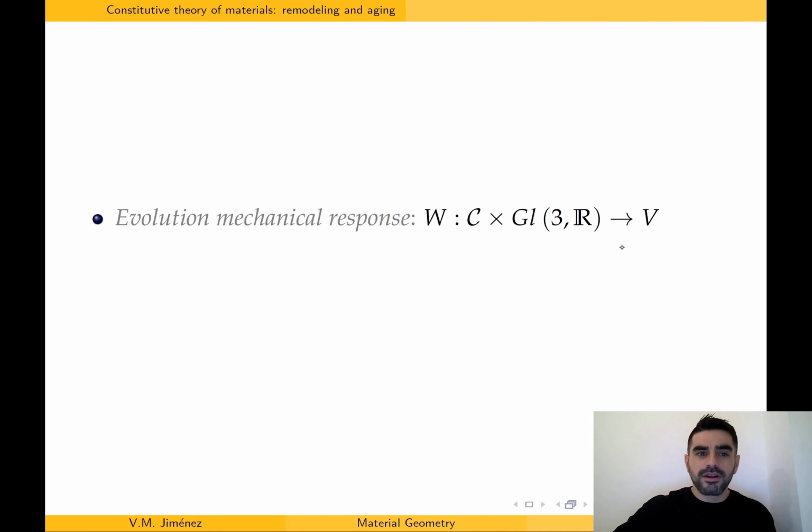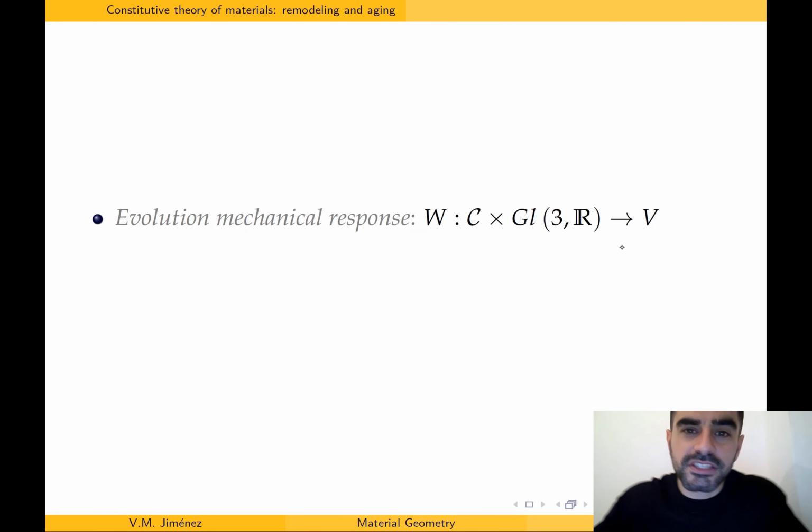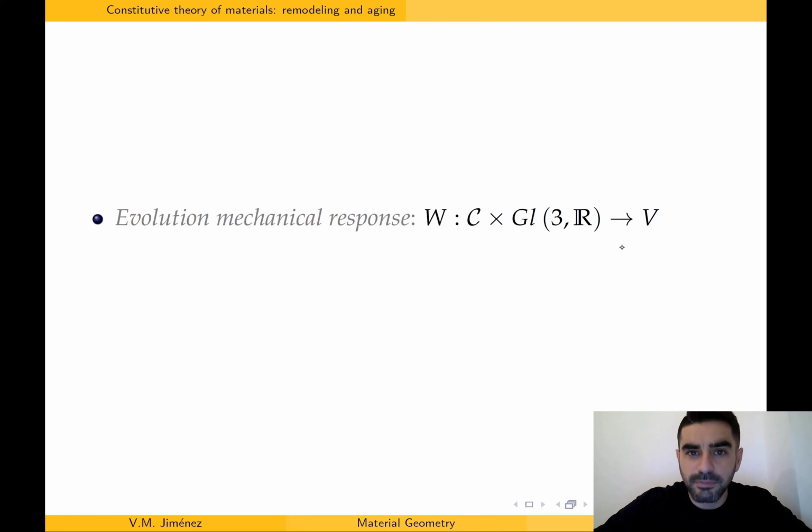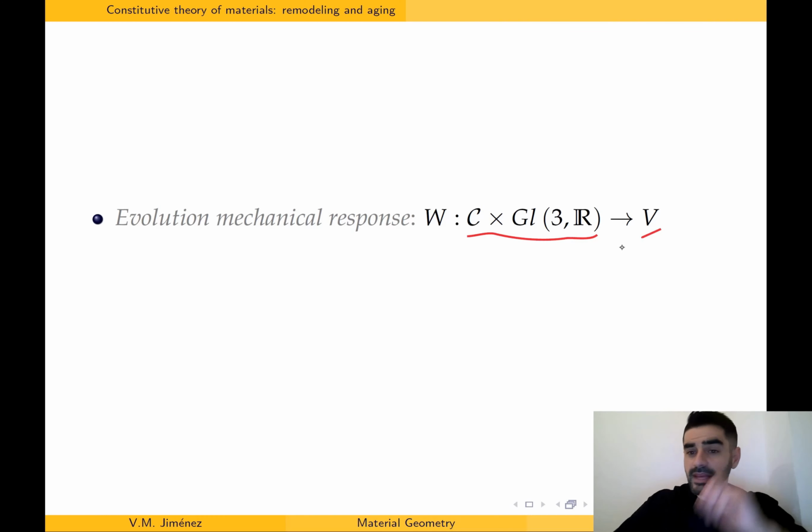In other words, our mechanical response, which is called the evolution mechanical response, will be a differentiable map from this domain to V, and V for us will be an arbitrary vector space. We will not be worried about the shape of this V, but in general this V will be the space of a stress tensor.